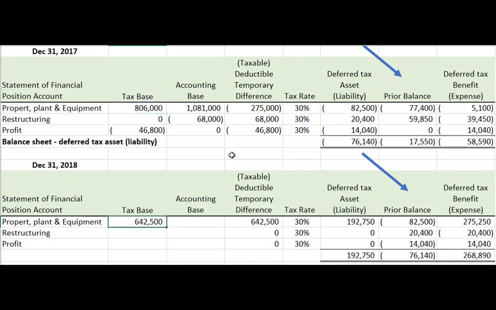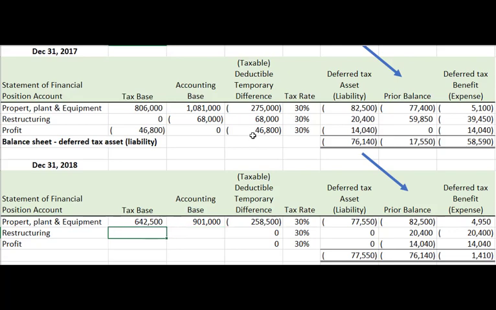So we know that the UCC at the end of 2018 is now $642,500. For the accounting, we do the same thing. We say the balance at the end of the prior year was $1,081,000. We can see in Part 2 that they did take depreciation in 2018 of $180,000.